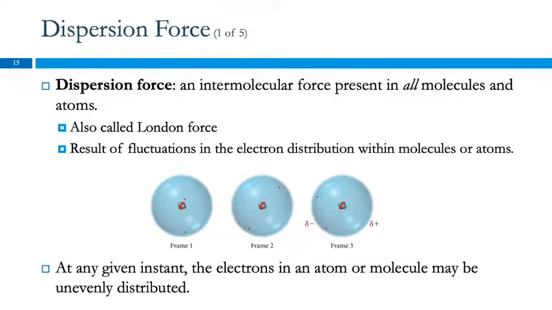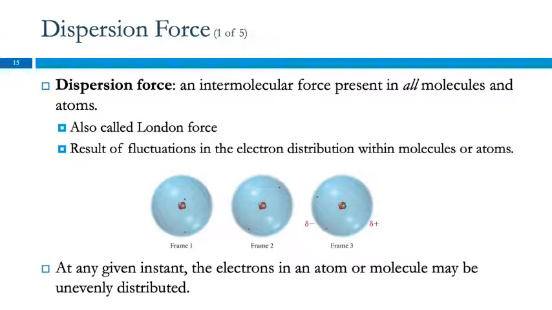Most of the time, those two electrons will be fairly spread out, but occasionally you could have both of the electrons on the same side of the atom. This is all of the negative charge in the atom. All the positive charge is in the nucleus. So if all the electrons are on this side, now we have an unequal electron distribution in the atom.